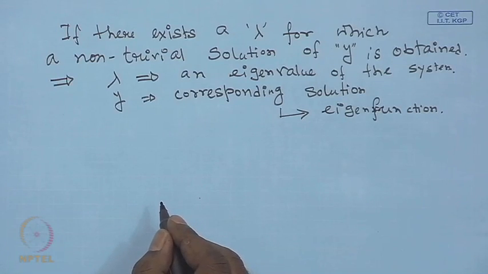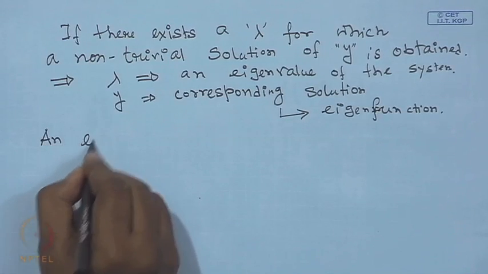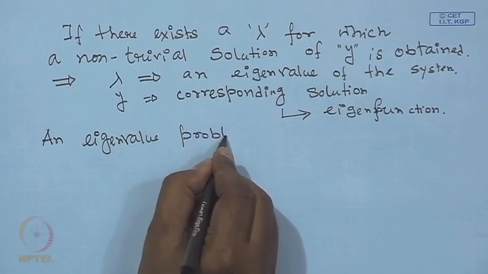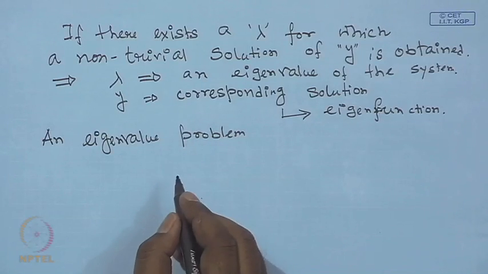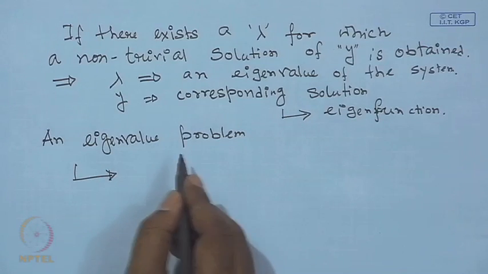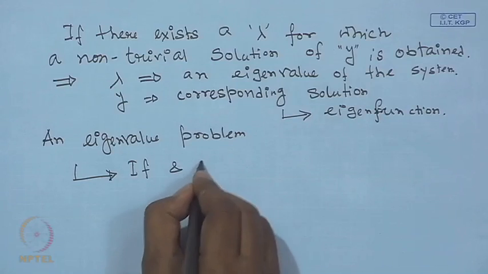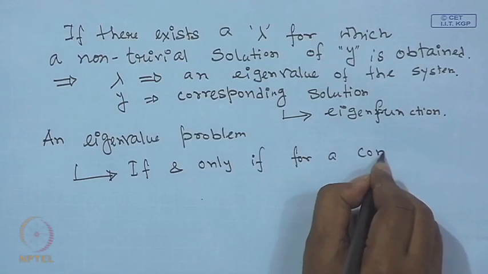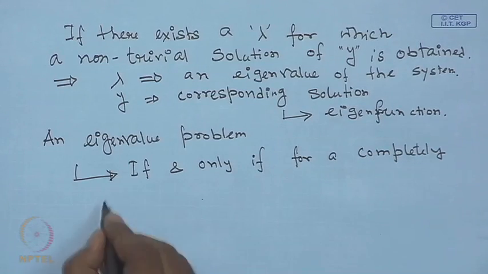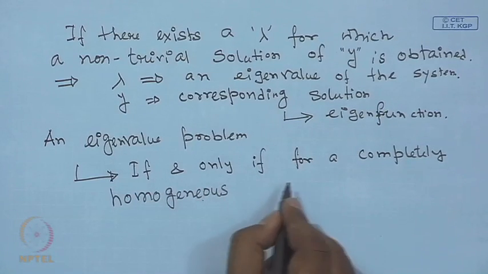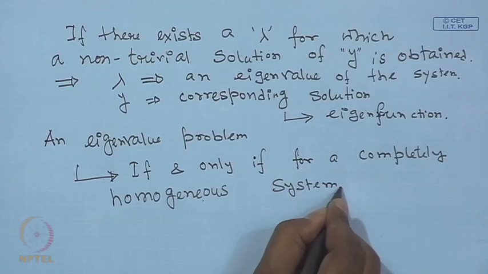One has to be very clear that one can formulate an eigenvalue problem if and only if the boundary conditions are homogeneous, that is, for a completely homogeneous system. What do we mean by a homogeneous system?